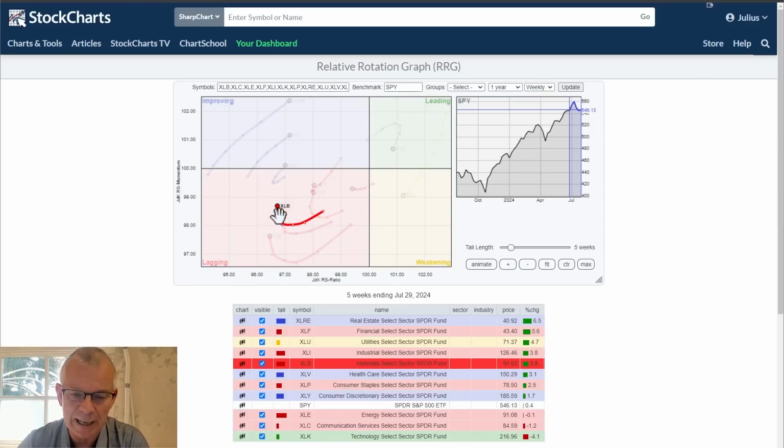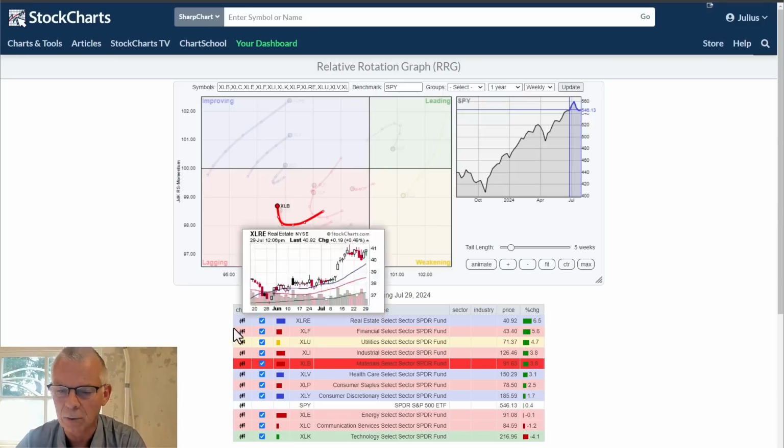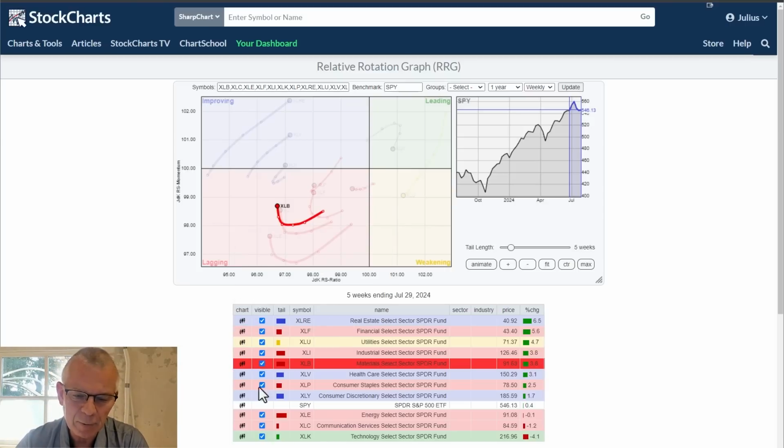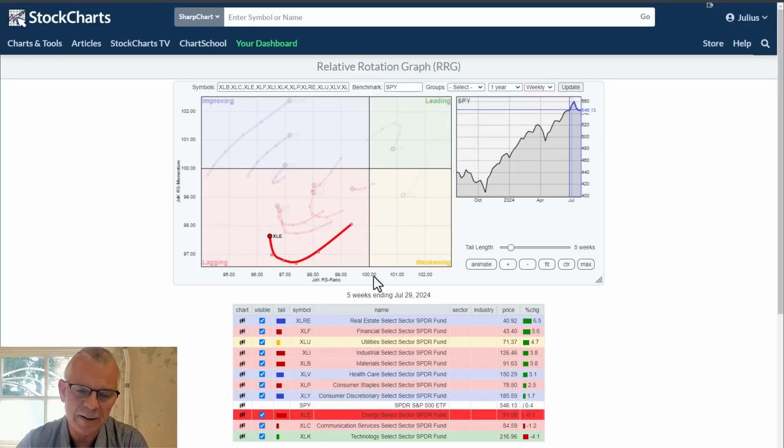Whether that rotation is going to continue into August always remains the question, but this is a promising rotation. Nevertheless, it's inside the lagging quadrant, but it's unlikely that this will all of a sudden hook to the left and continue lower. And when we look at the energy sector, we see a similar rotation, also starting to curl back up over the last 2-3 weeks.